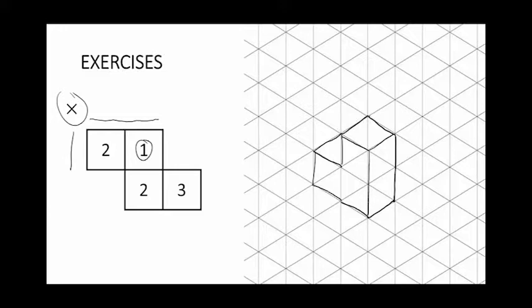Now I want to keep going, and so diagonal right behind that previous stack of height 2, we have another stack of height 2. So we'll draw that in. And finally, we've got a final stack of height 3 way in the back here.